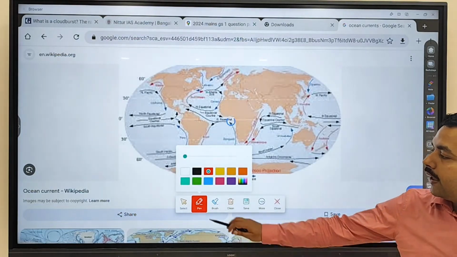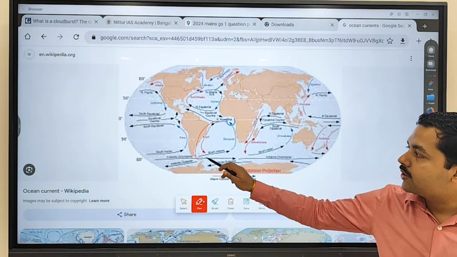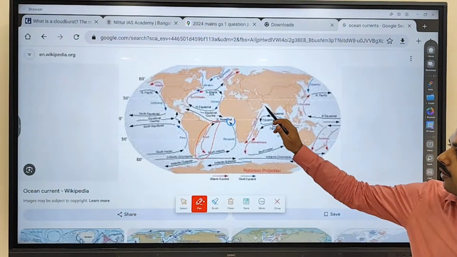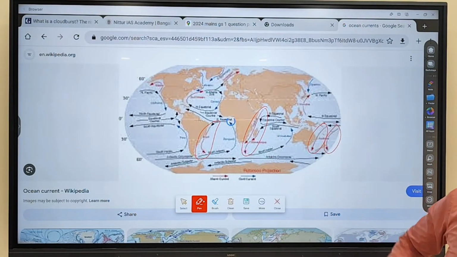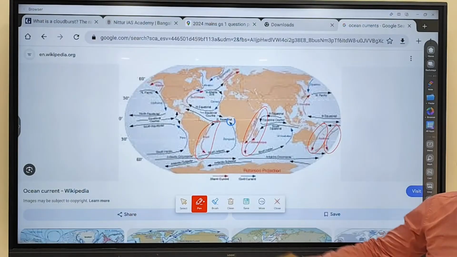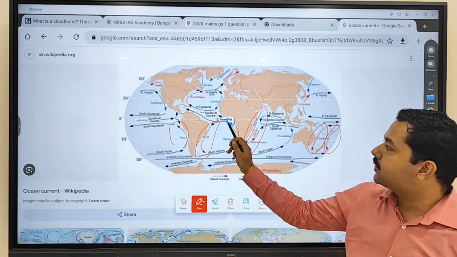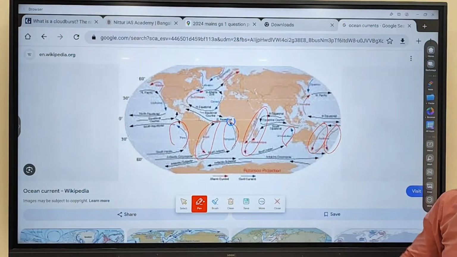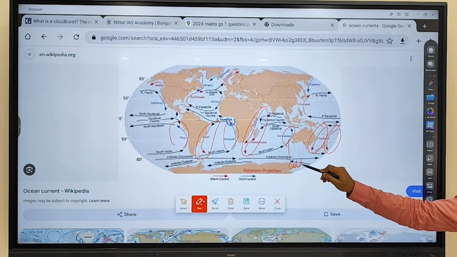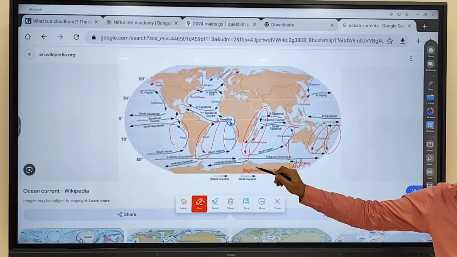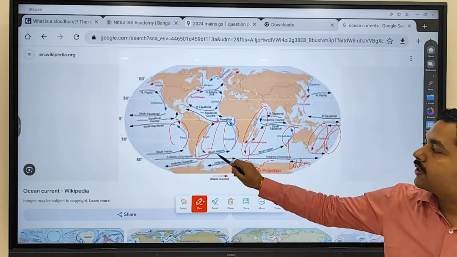So what you are finding is, when you see the eastern side, which color is there? Red color. When you are seeing this side, which color is there? You will see blue color. This indicates the colder current, while this indicates which type of current?